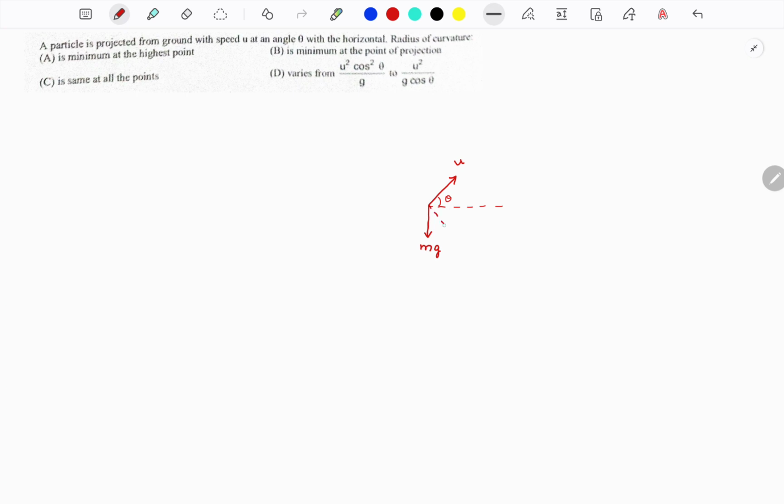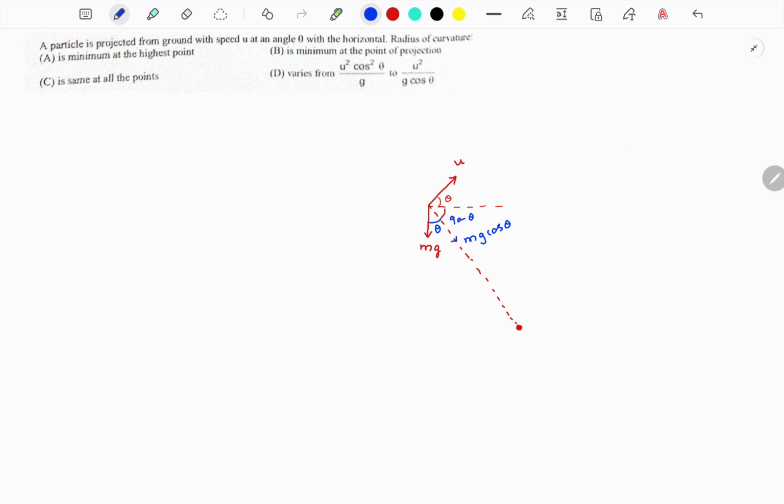So actually the radius of curvature will be somewhere here, perpendicular to velocity. This is again 90 minus theta, so this will be theta. So the component of mg in this direction is mg cos theta.